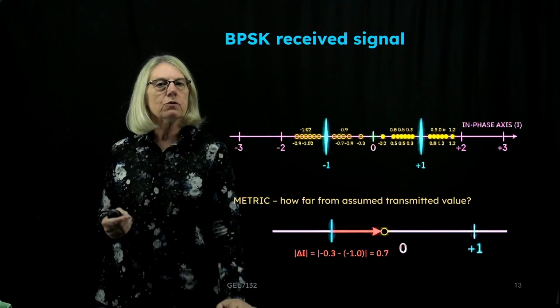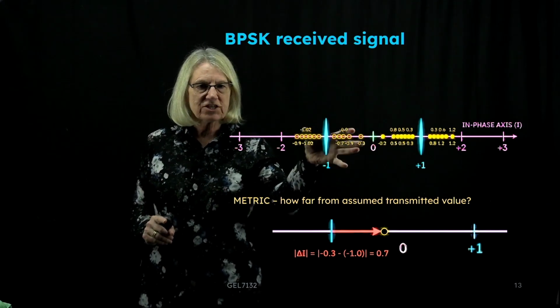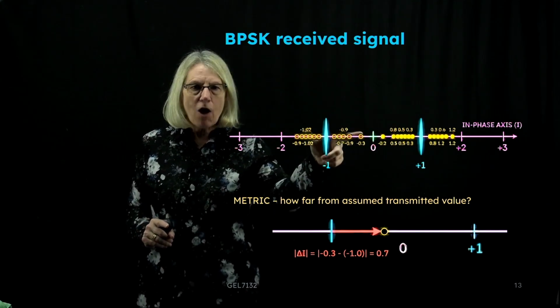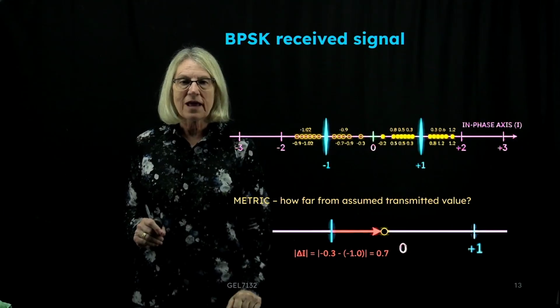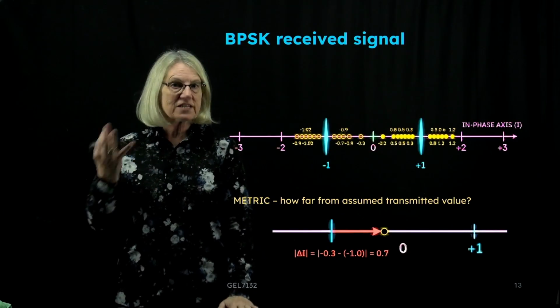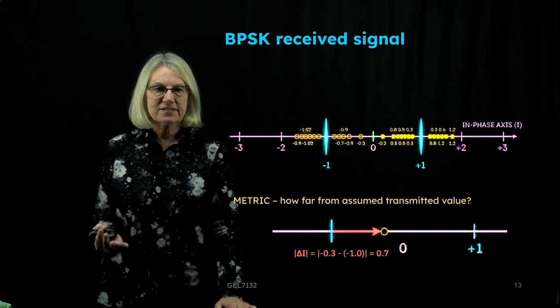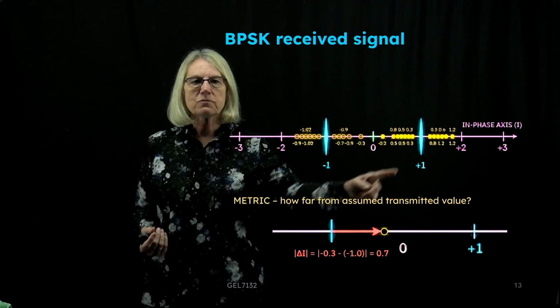So what I'm going to do is say, how far are the points that I chose to go with the -1? How close really are they to -1? Because if they're not very close to -1, then maybe they're at risk, that maybe they weren't actually the ones I thought. So this metric is how far from the assumed transmitted value.